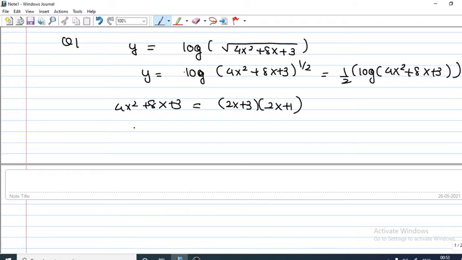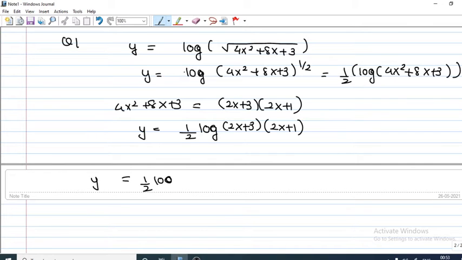Then what we get is y equals 1 by 2 log of 2x plus 3 into 2x plus 1. Now, using the product property of logarithms, we can write that y is 1 by 2 log 2x plus 3 plus 1 by 2 log 2x plus 1.